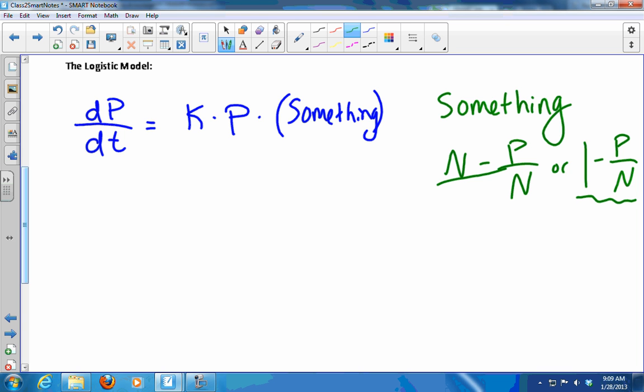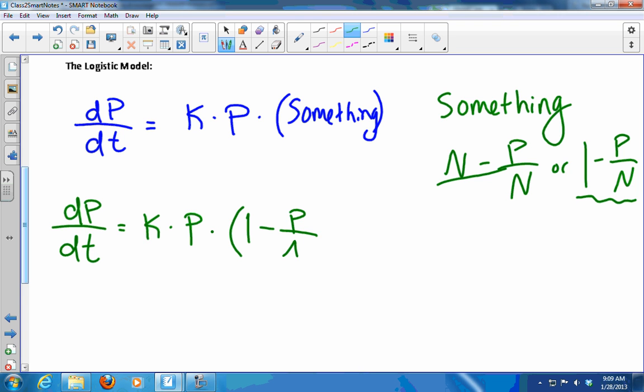And if P is bigger than the carrying capacity, then P over N is bigger than 1, and 1 minus something bigger than 1 would be negative, causing my rate of growth to be negative, my population to decrease. So my model is going to be K times P times 1 minus P over N.